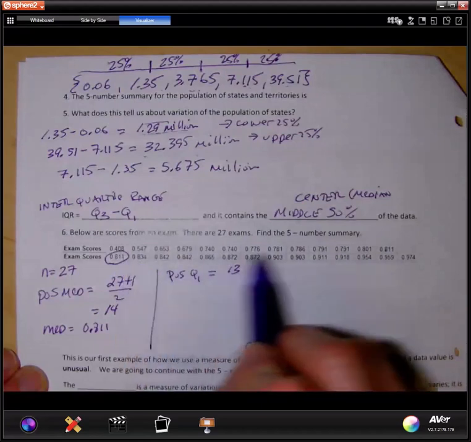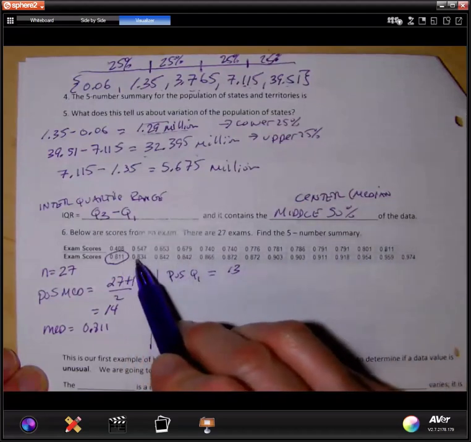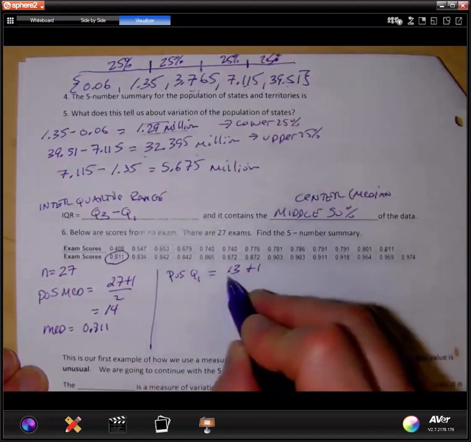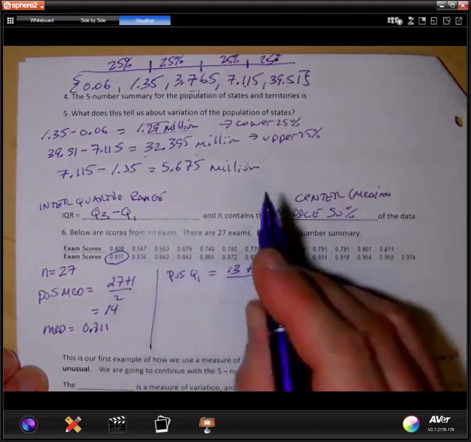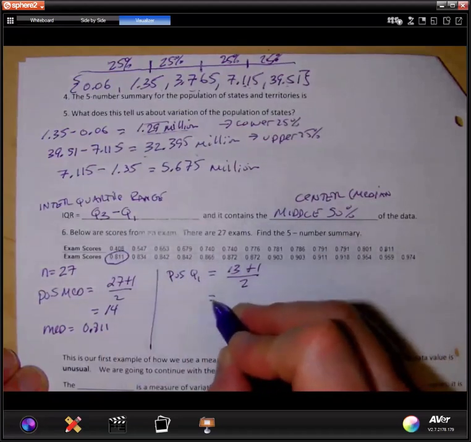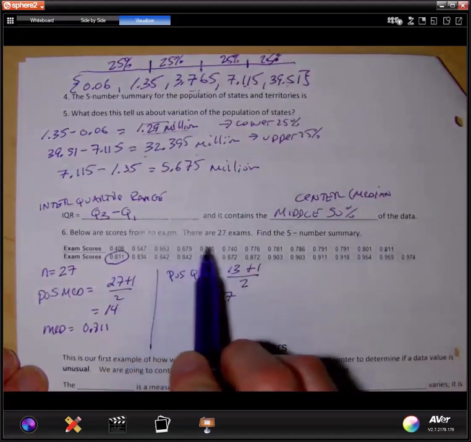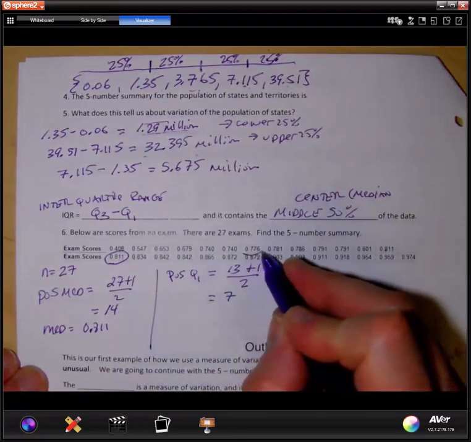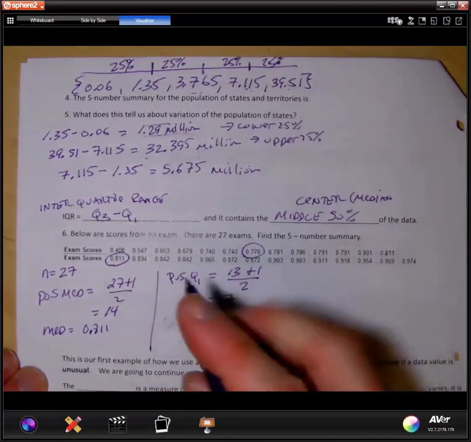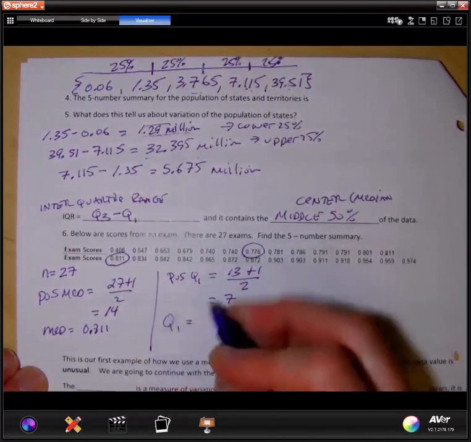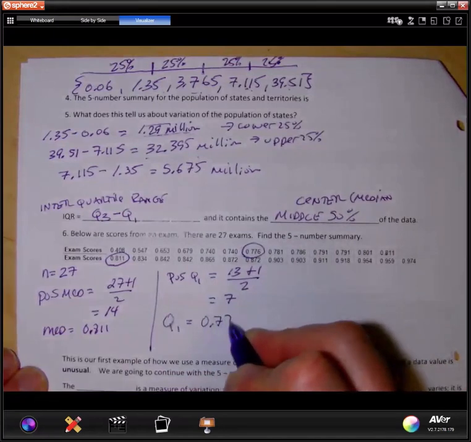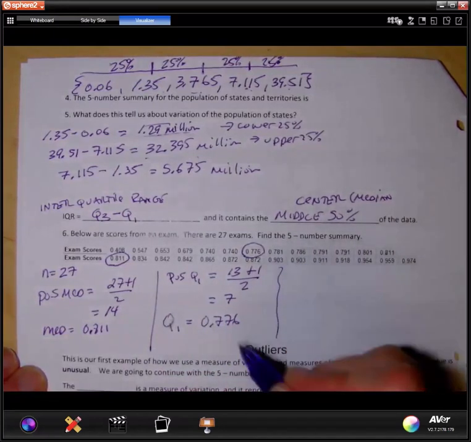So I'd have 13 values below this number and 13 values above. So the position now of the median of these 13 values is going to be 7. So now I count 1, 2, 3, 4, 5, 6, 7. This is now the lower half. Quartile 1 is going to be 0.776. Will software do this for you?